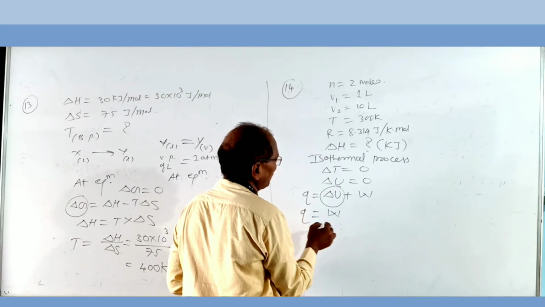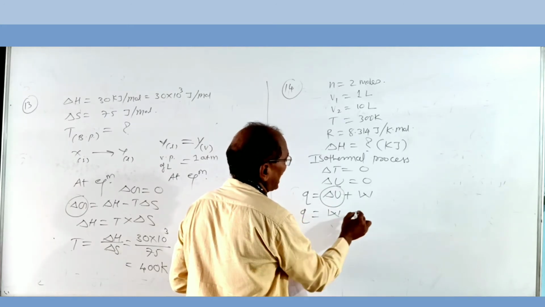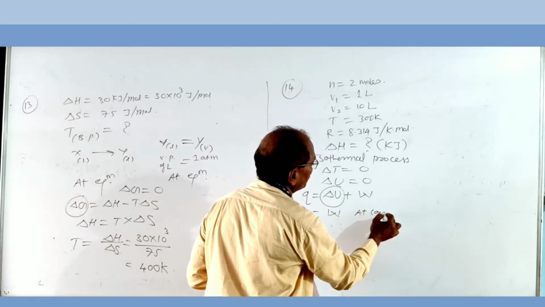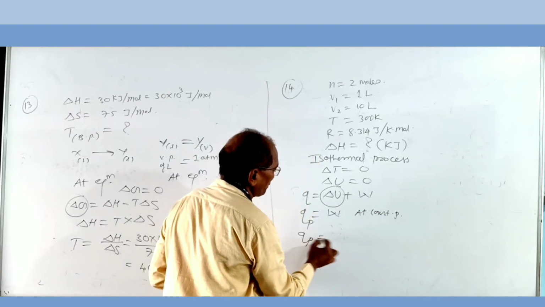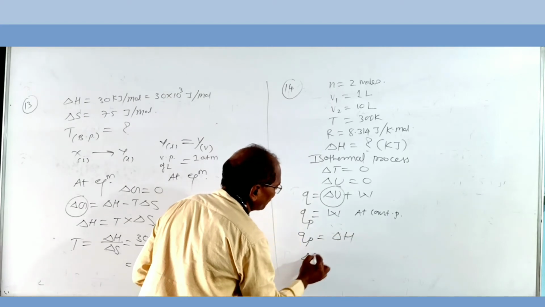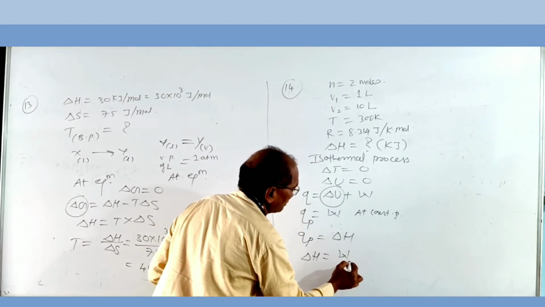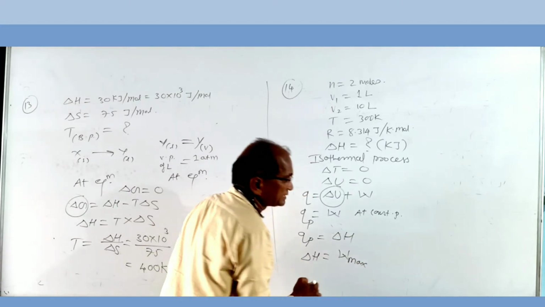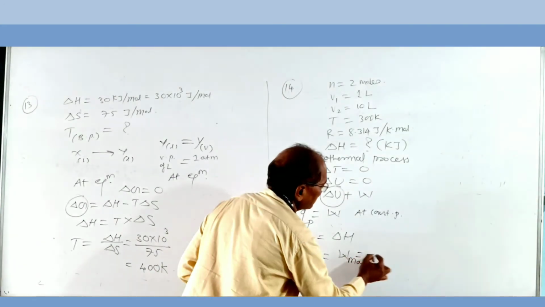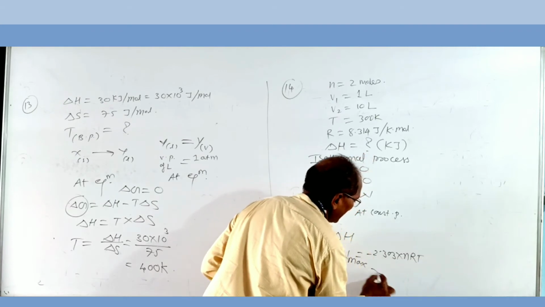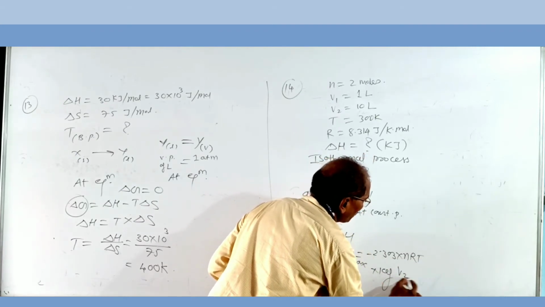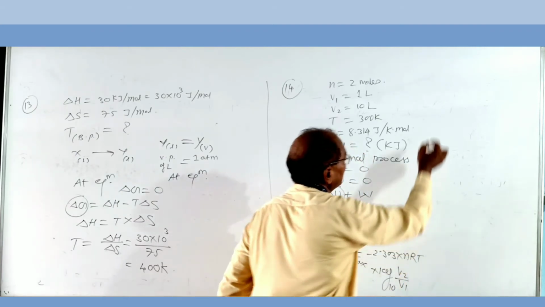This is at constant pressure, that is Qp. But we know that Qp is equal to delta H. Therefore, delta H is equal to W, and this W is maximum work, that is minus 2.303 into nRT into log of V2 upon V1 to the base 10.